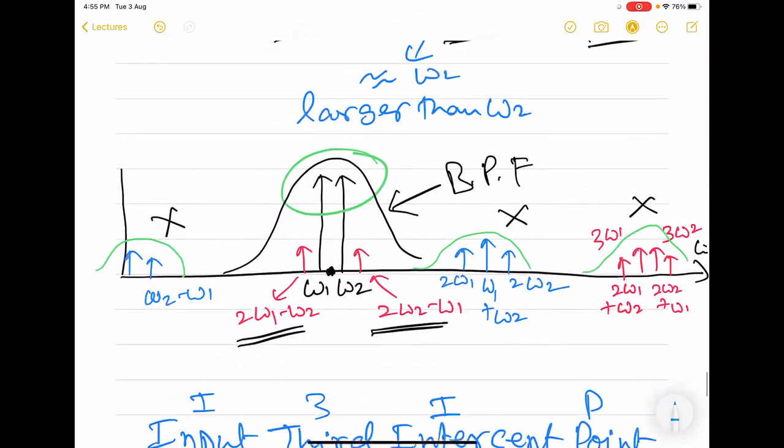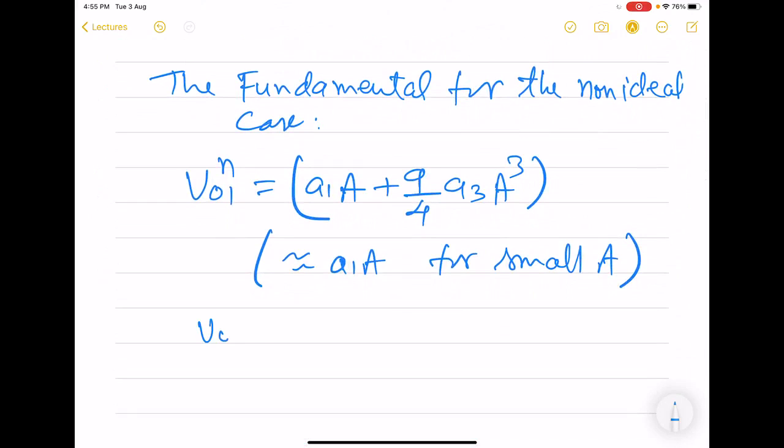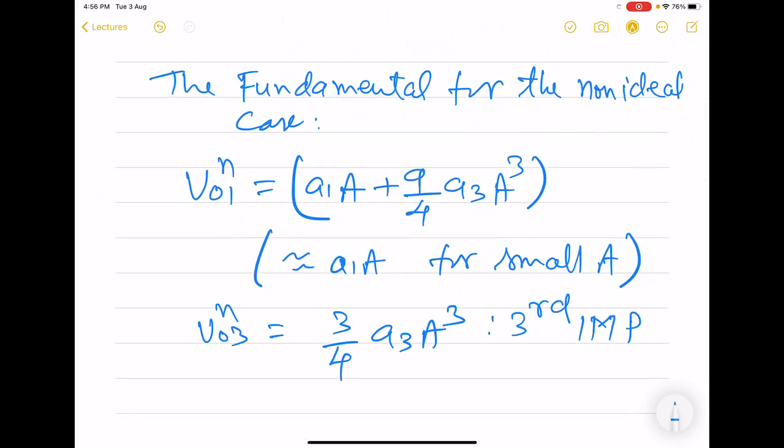So here we found that these intermodulation products are very problematic because they are going to be very close to the desired ones. These are the desired ones. And their amplitude is going to be 3/4 A3 A cube. So this is the third IM products.